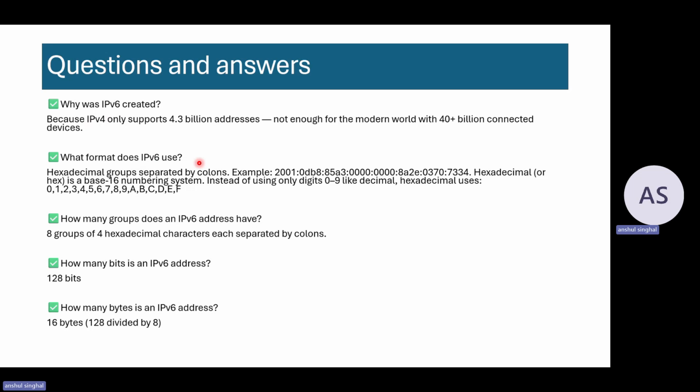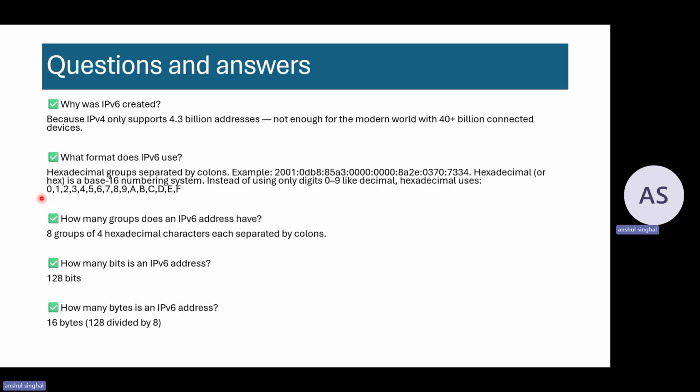But now, because IPv6 has a bigger range, to represent IPv6 addresses, we are making use of additional characters. So basically, IPv6 addresses will be represented using hexadecimal characters. Hexadecimal is a base 16 number system, and we know that if it is base 16, then it means 0 to 15, different characters we can have.